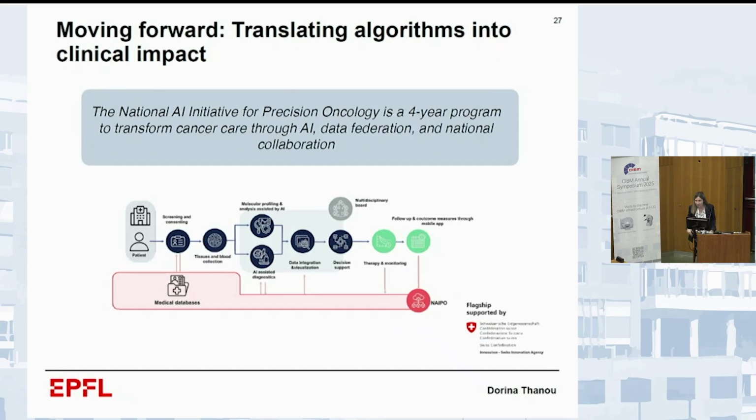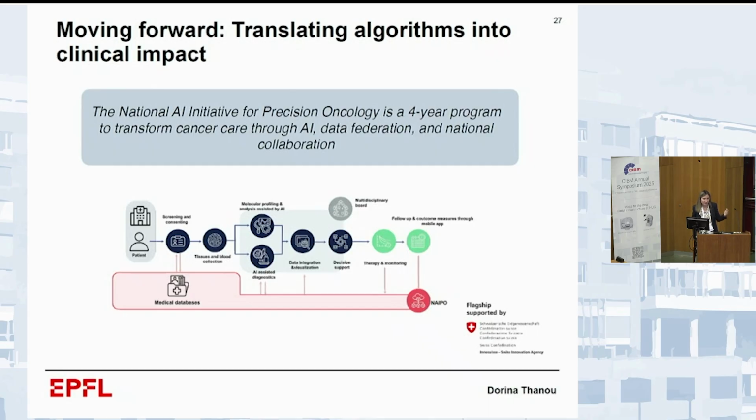One of those is what Jonas mentioned before, the National AI Initiative for Precision Oncology. It is led by the EPFL AI Center in collaboration with ETH Zurich, with 4 university hospitals, cantonal hospitals, and private clinics.